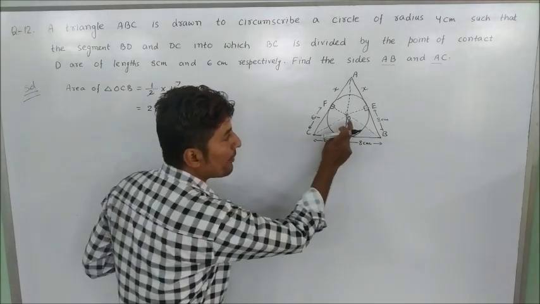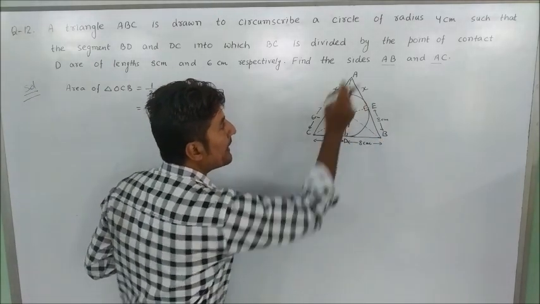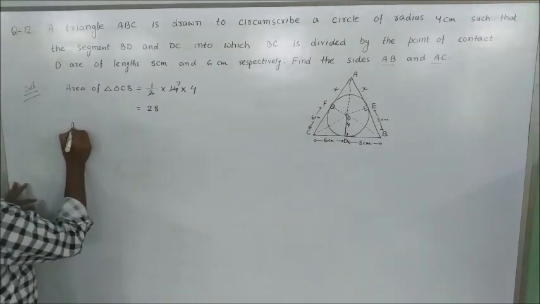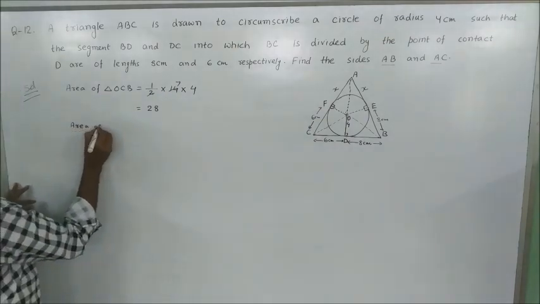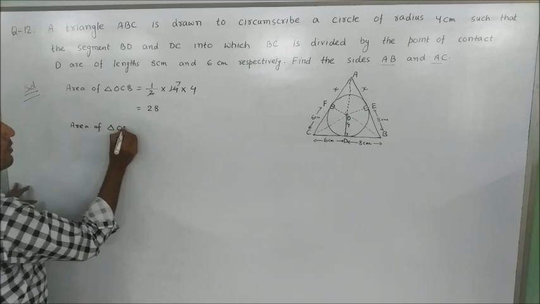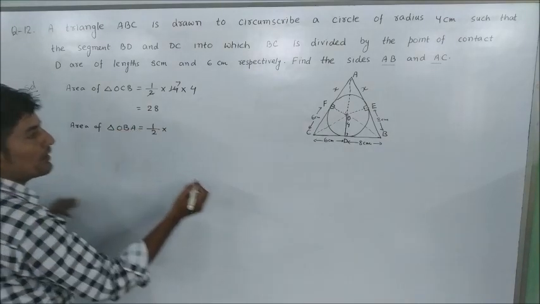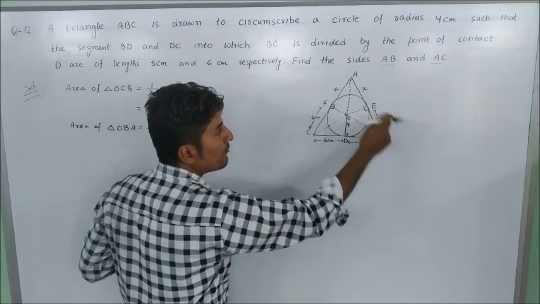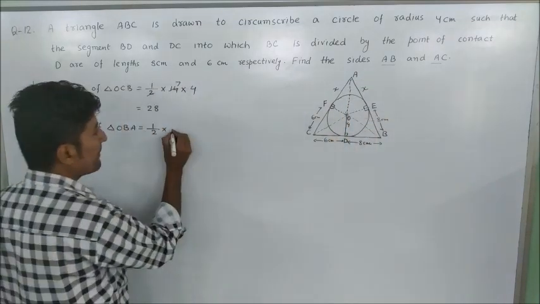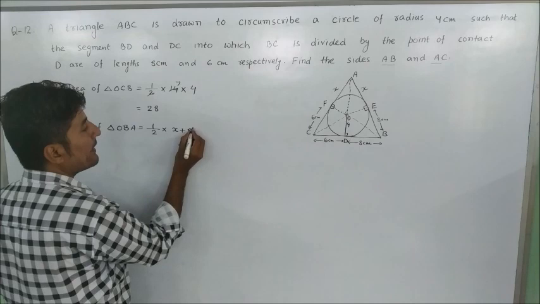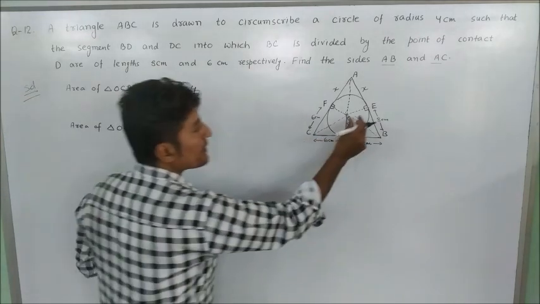Similarly, we will find the area of triangle OBA. Area of triangle OBA is equal to 1 upon 2 into base. Base of this triangle will be equal to x plus 8, multiplied by the corresponding height.